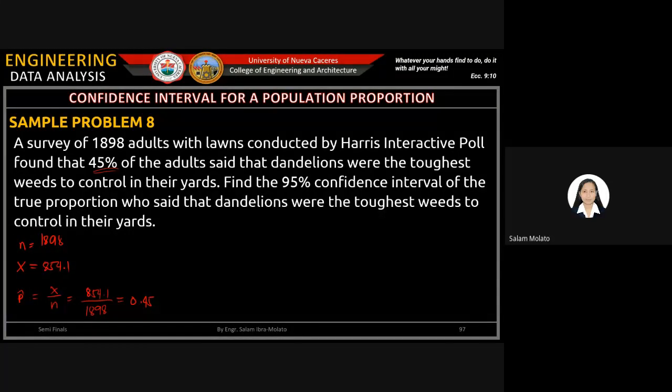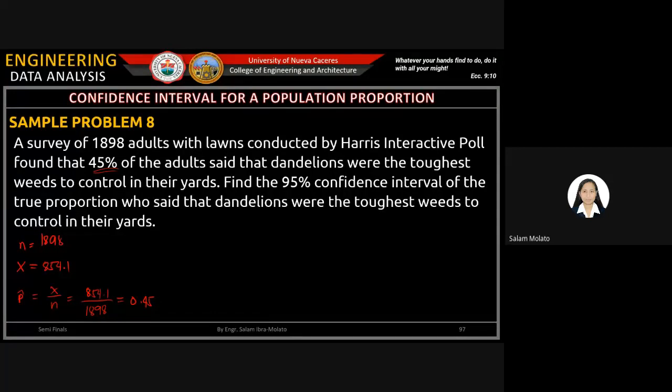Okay. Sorry guys, many bloopers. So, again, the 45% here is already a proportion.